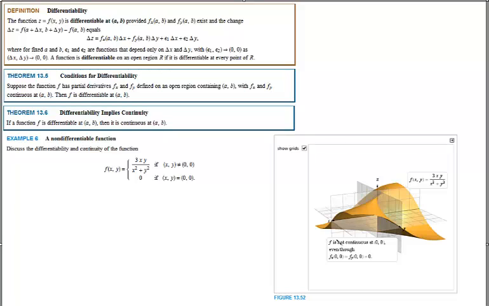And this one is not, because even though it's continuous, they put in the point for 0, 0, as you approach 0 from different directions, you get a different value, which would imply that it is not differentiable. And that concludes section 13.4.